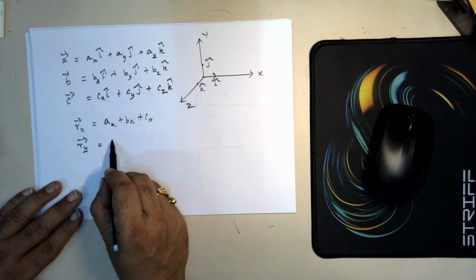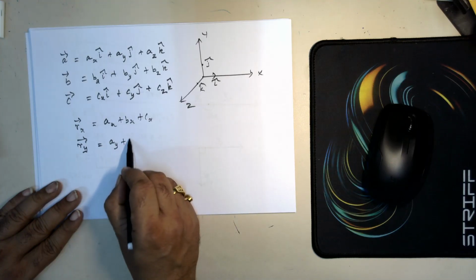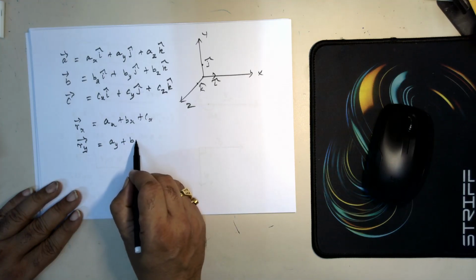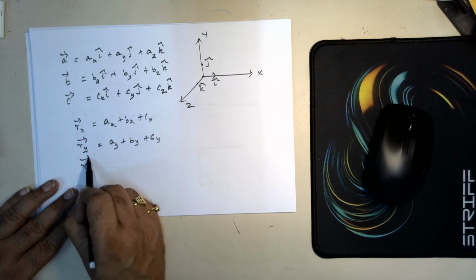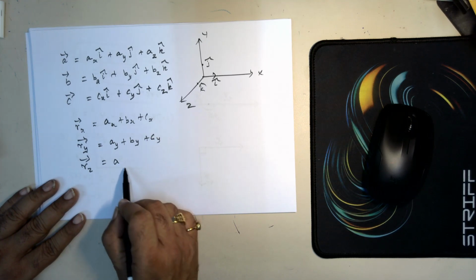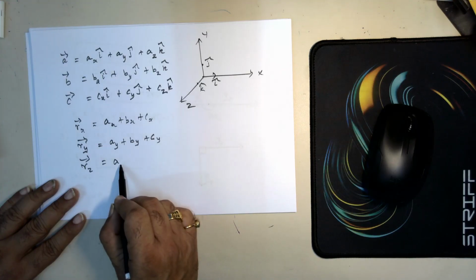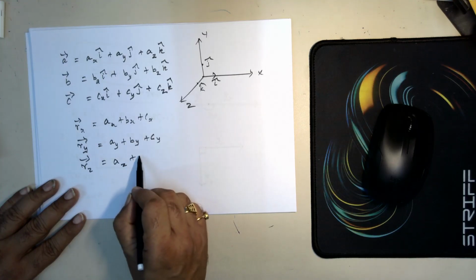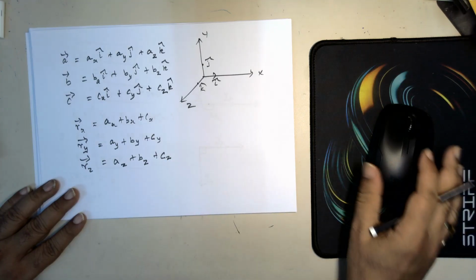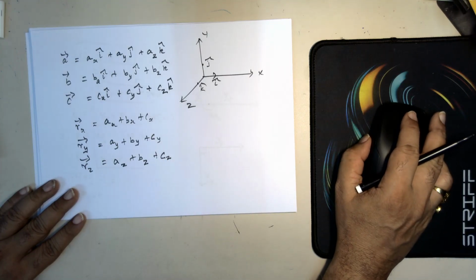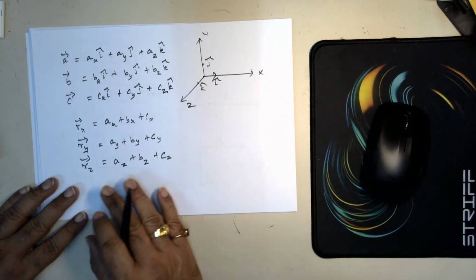That is A y plus B y plus C y. And similarly, R z is how much? A z plus B z plus C z. I hope now you are able to understand the meaning of this.